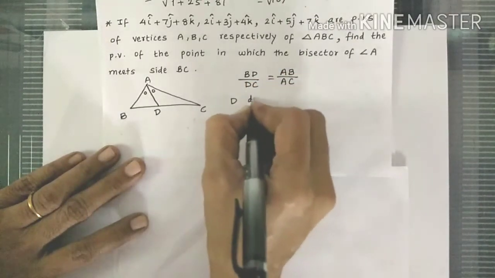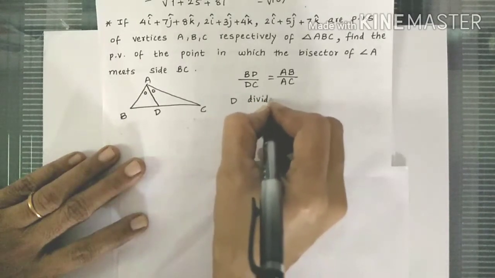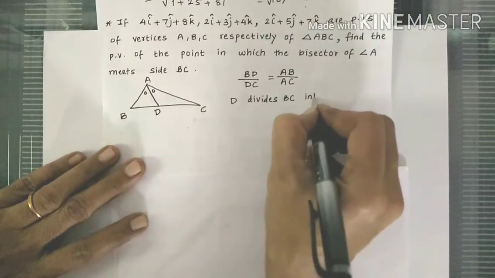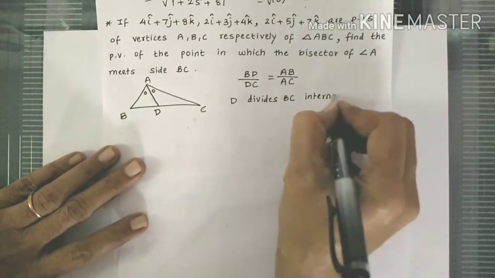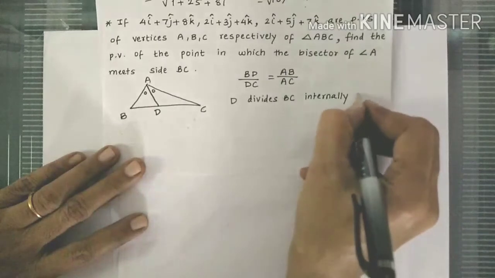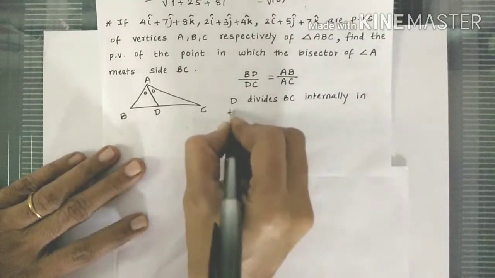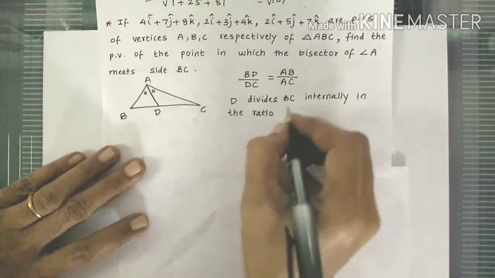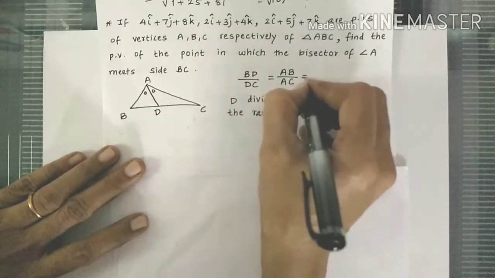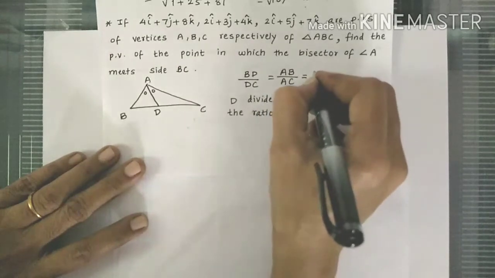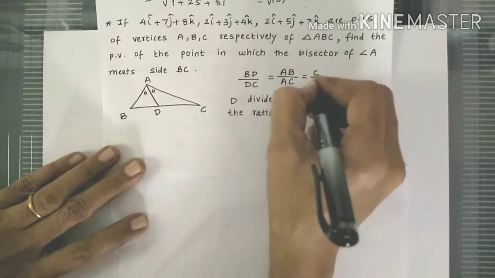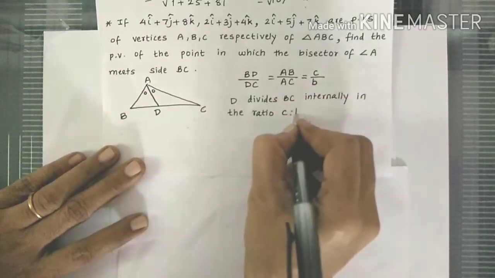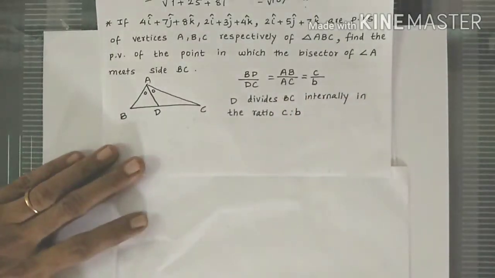D divides BC internally in the ratio AB to AC. By convention of this triangle, we have c upon b. So the ratio is c to b.